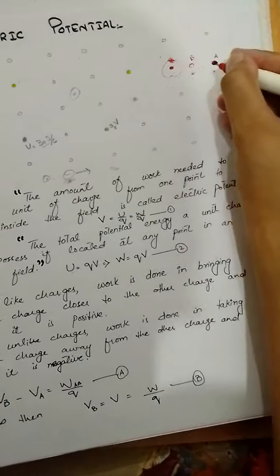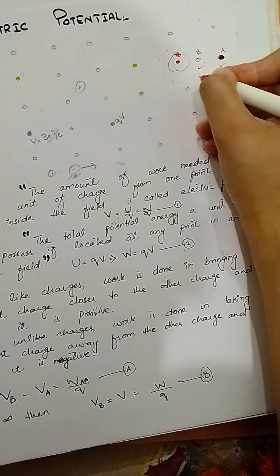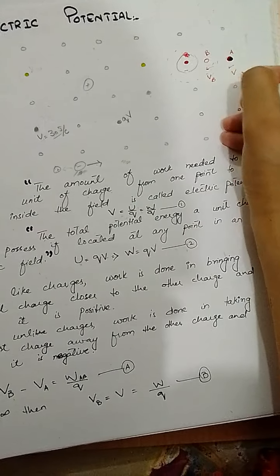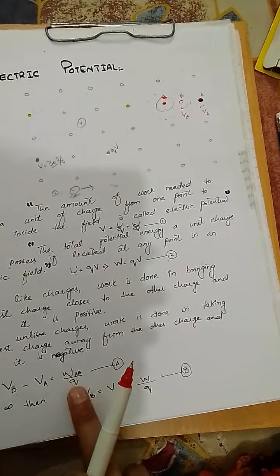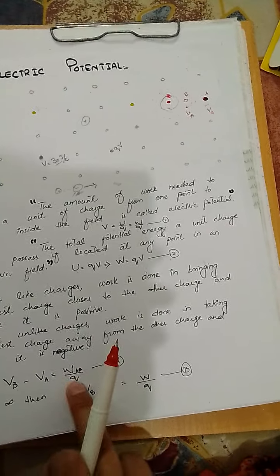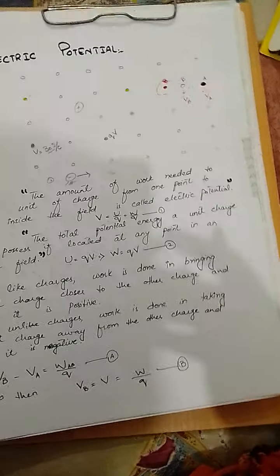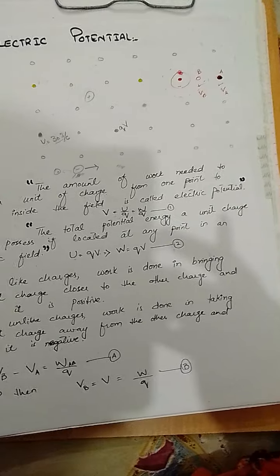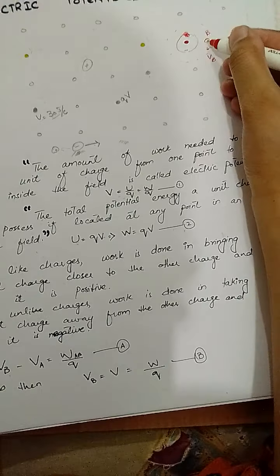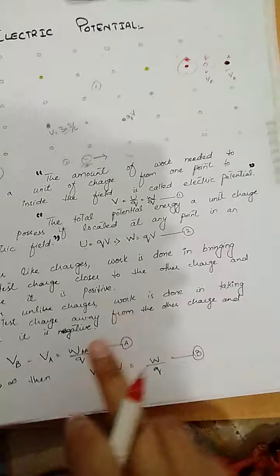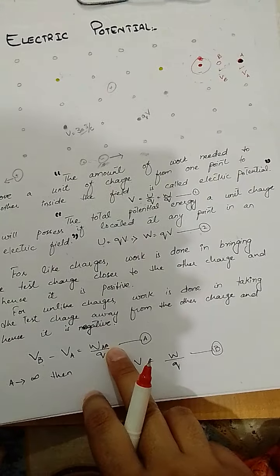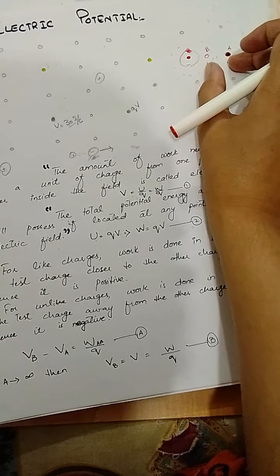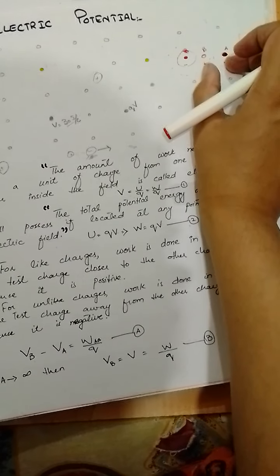Let's suppose point B has VB potential and this point A has VA potential. Then the difference between these two potentials will give us the work required per unit charge, or simply the energy that a charge must have in order to stay at this point. This is our first equation for electric potential, in case both the points are in the electric field.